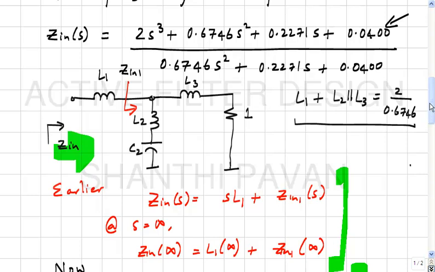Okay. But if you're doing it on paper, what would you do? One thing I could do is plug in S equal to j omega Z in this expression and go through the maths, right? But can you think of something, I wouldn't say easier, but something less messy?